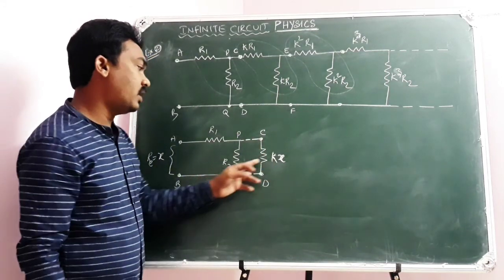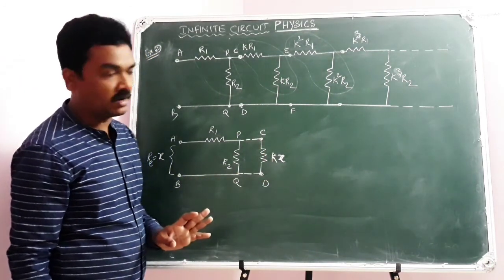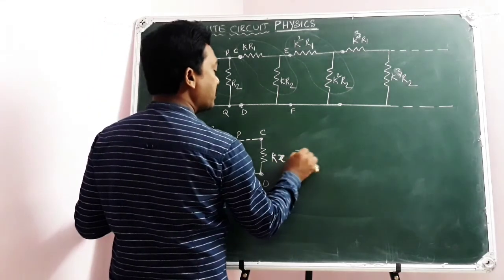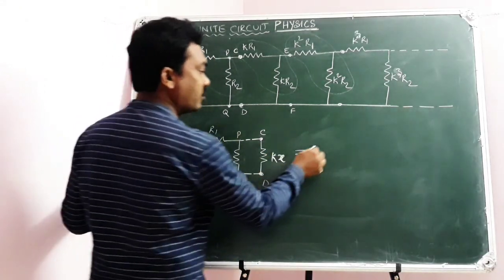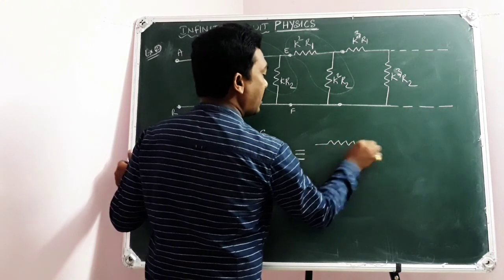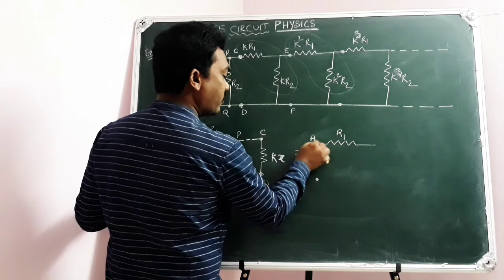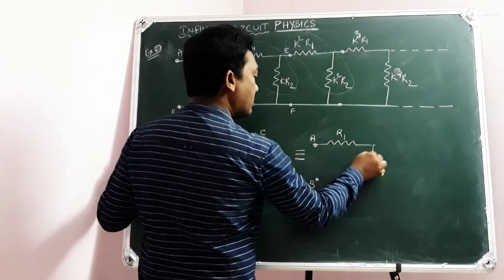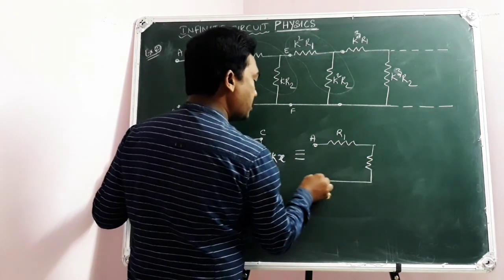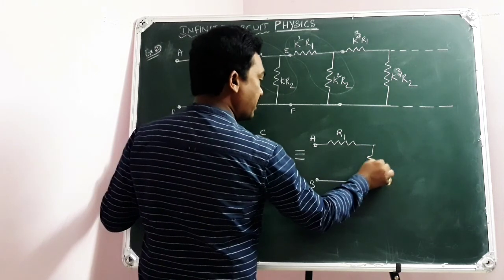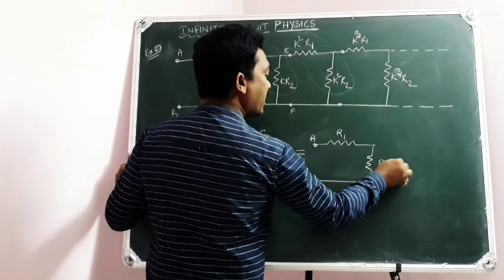Now this R2 and Kx will be in parallel. So the equivalent circuit is going to be, here it is R1, this is A and this is B, of course, and here there is a parallel combination, R2 in parallel with Kx.